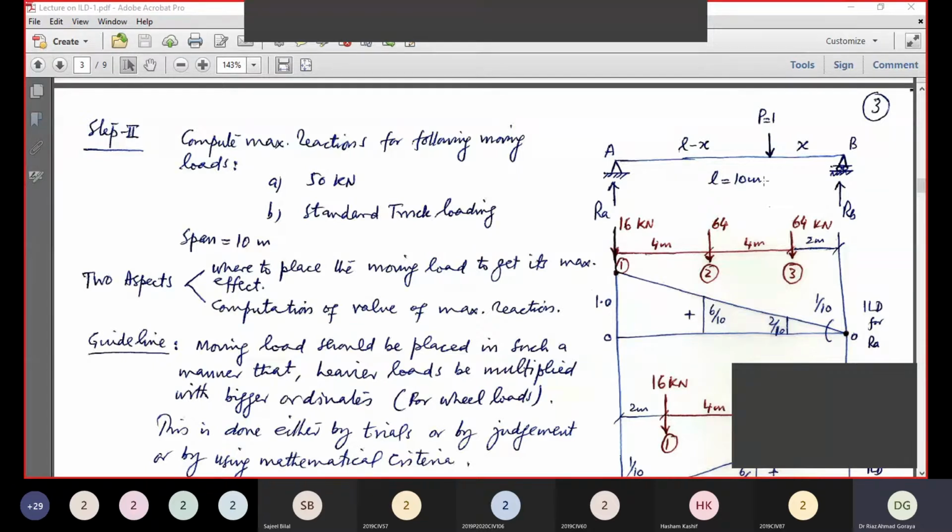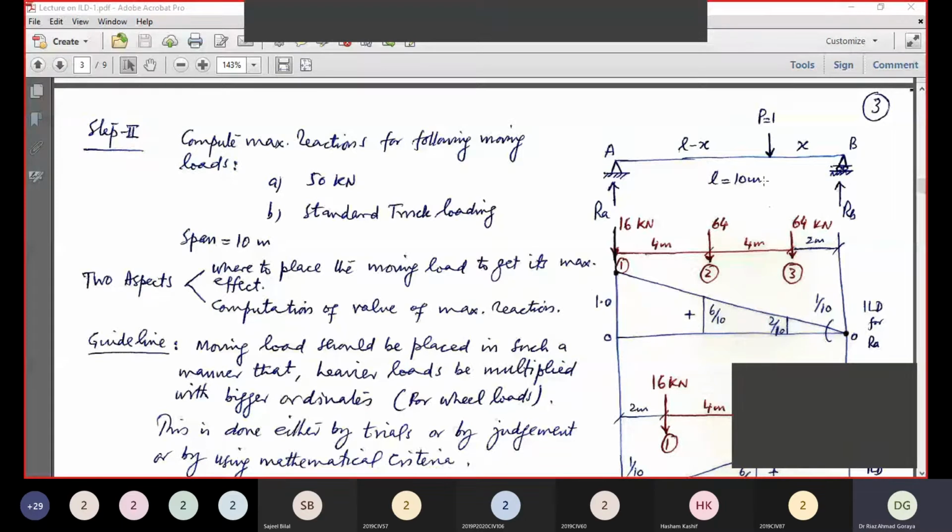Now there are two aspects. Where to place the moving load to get its maximum effect or value. And second aspect is computation of that value. Now there is one guideline. ये भी आपको अपने जहन में इसको पेस्ट करना है.